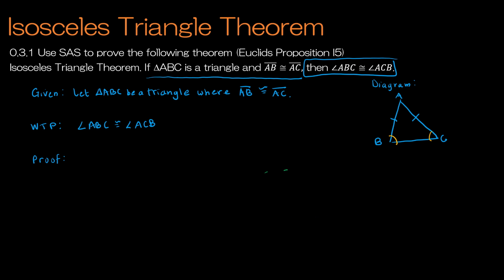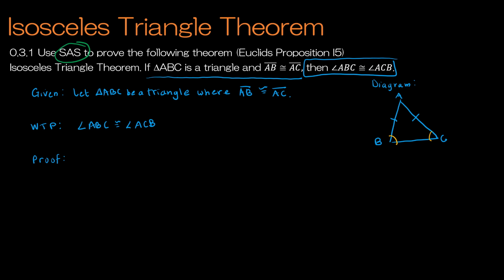Our proof is asking us to show, and they've given us a hint to use SAS to show that those two angles are congruent. Now, many students try to create a second triangle or maybe some line that bisects. This one is actually a lot easier than most people make it out to be.